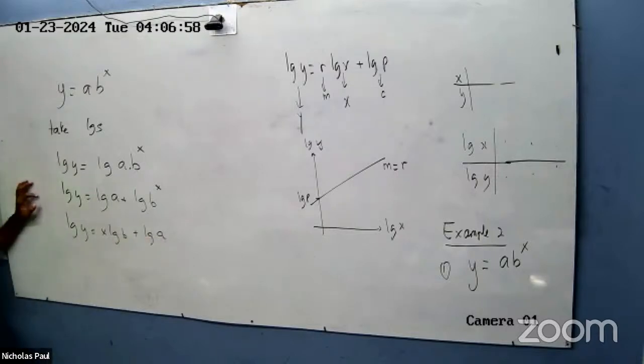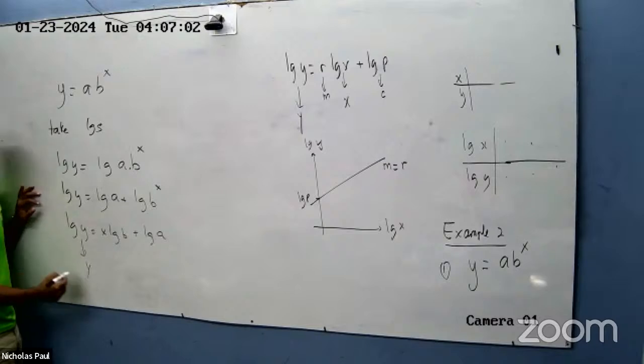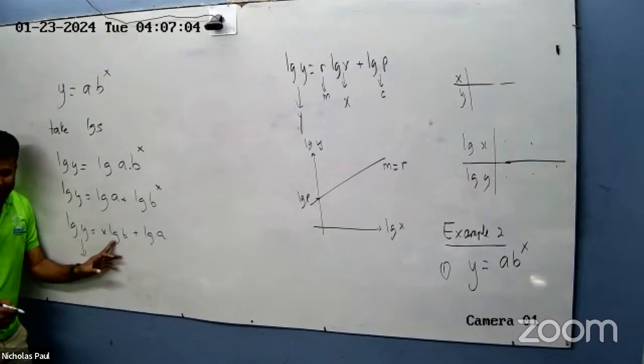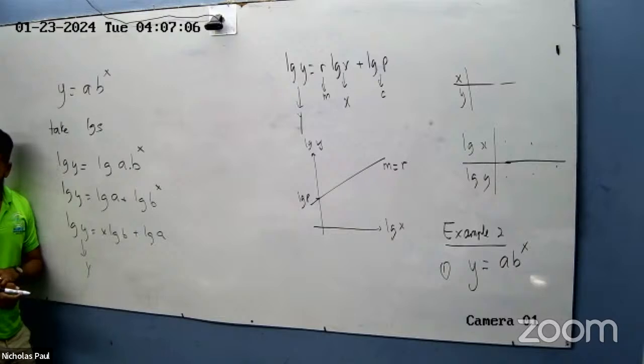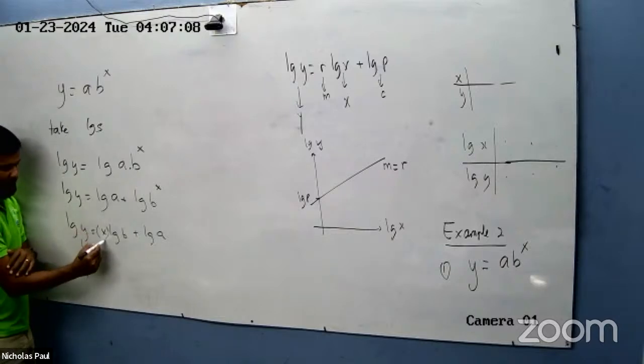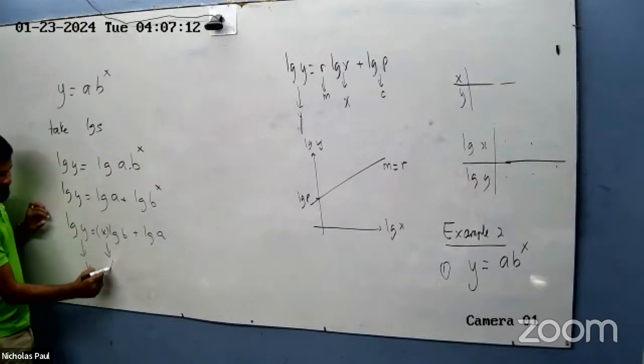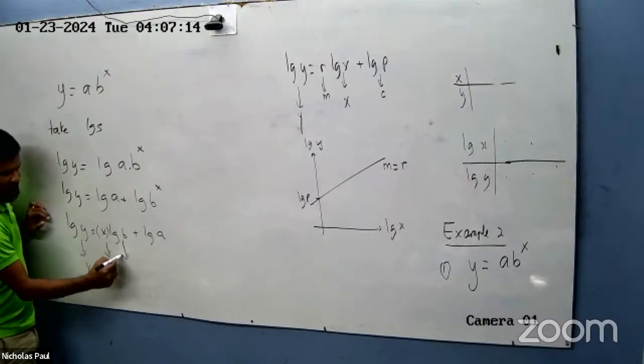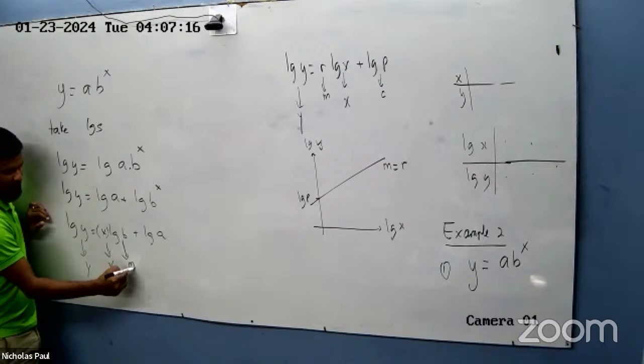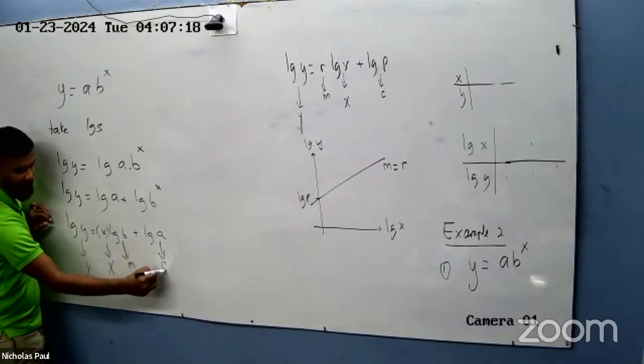Correct? What do I plot on my y-axis? Log y. Which one here am I going to plot on my x-axis? x, because it mustn't have any a or b in it. So this is my x, therefore this is my gradient, and this is my y-intercept.